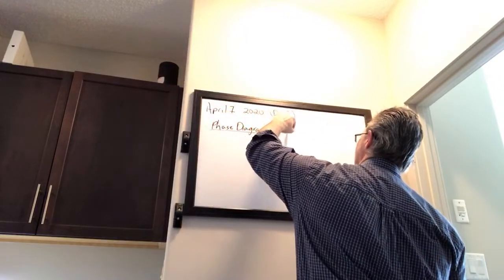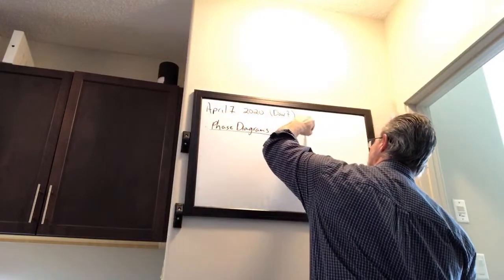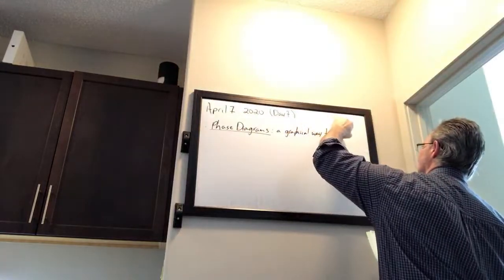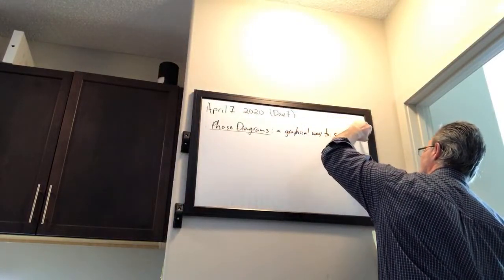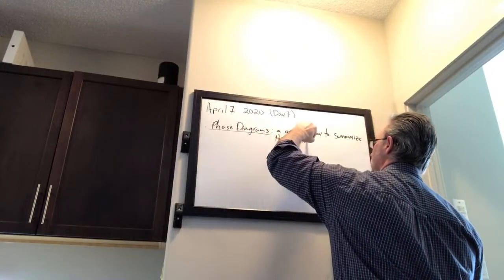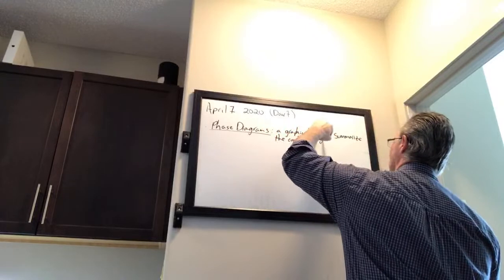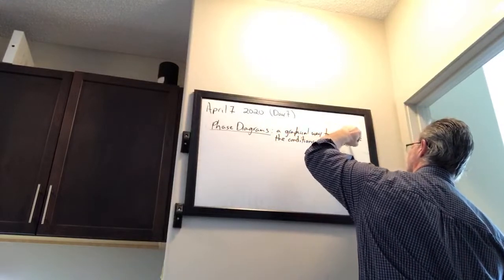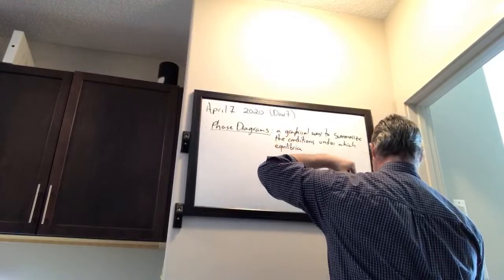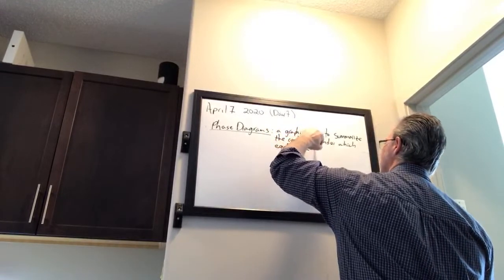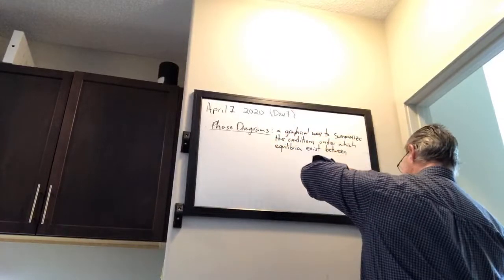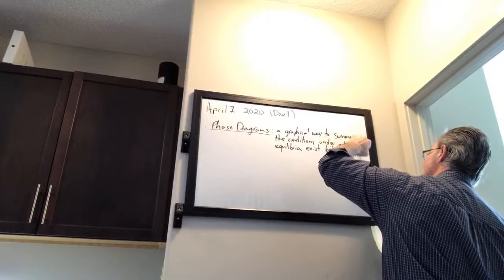It's a graphical way to summarize the conditions under which equilibria exist between different states of matter.